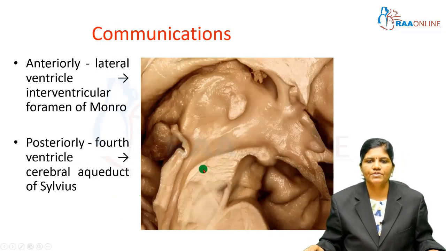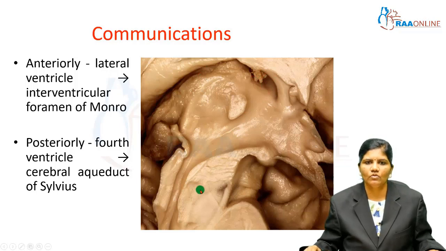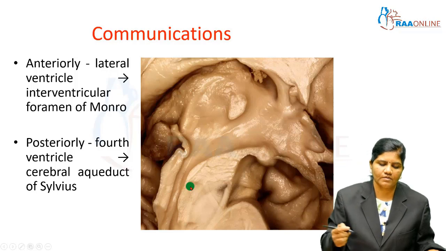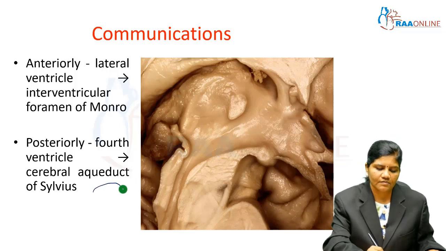Let's see the communications. Anteriorly, this is the third ventricle enlarged view and this is the interventricular foramen, through which it communicates with the lateral ventricle above. This is the cerebral aqueduct, otherwise known as the aqueduct of Sylvius. It communicates with the fourth ventricle.